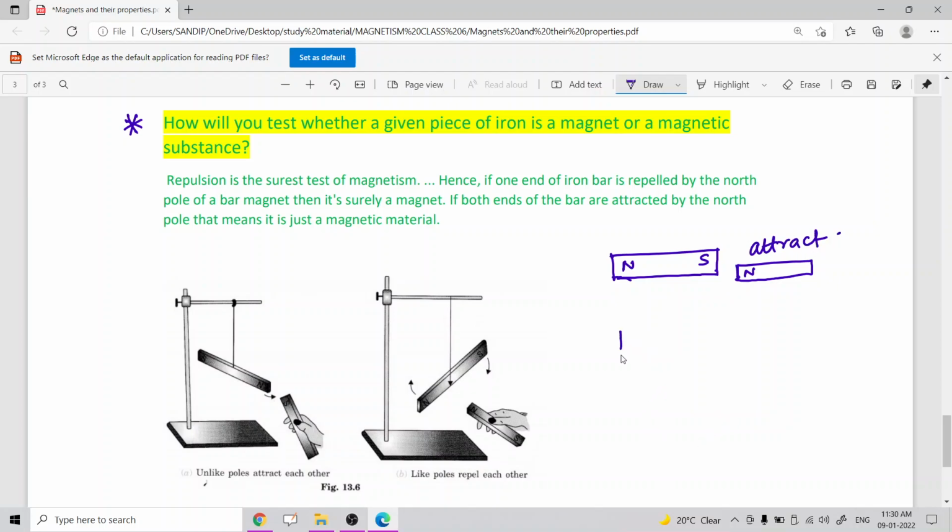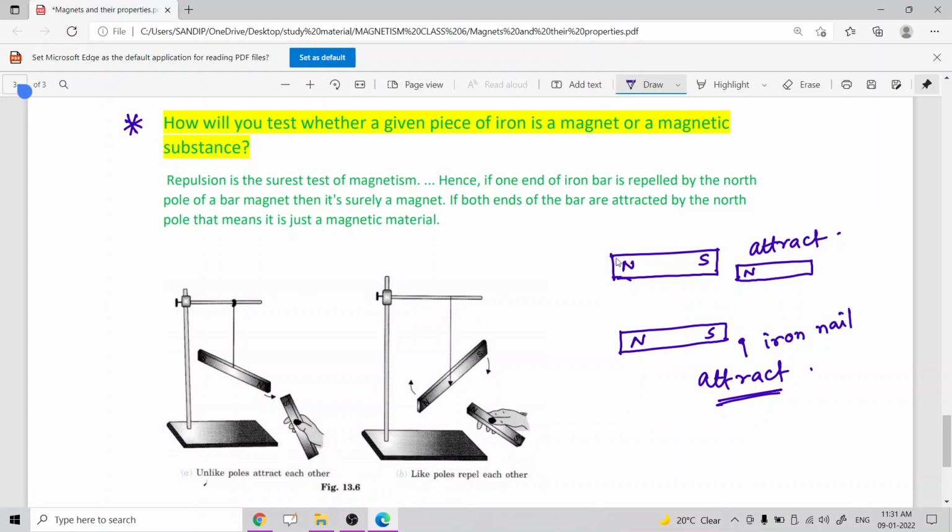Similarly, suppose the first magnet is fixed. Now you take just a magnetic material, like an iron nail, and it also attracts. So here you cannot conclude that the piece of iron is a magnetic material or a magnet.